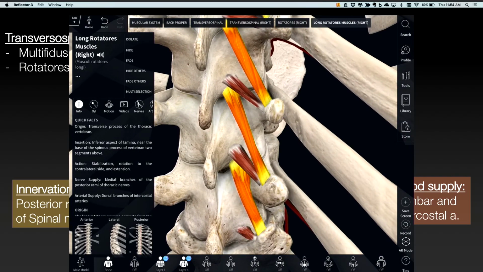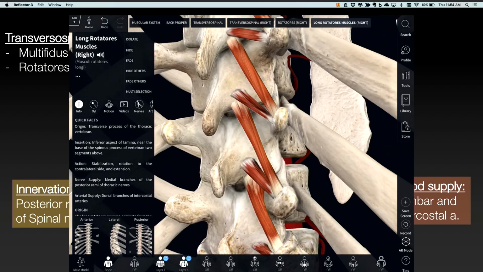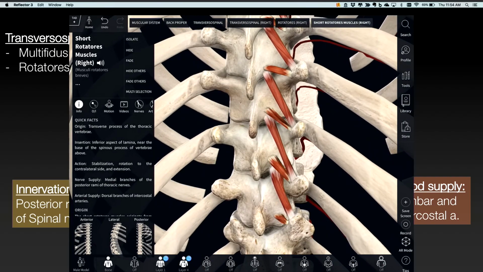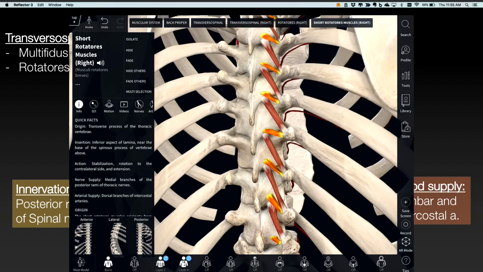These connect from the transverse processes of one vertebra to the spinous process of the vertebra above it. There are two kinds, and some do span the entire or two intervertebral spaces, but they both have a very similar action to draw the spinous process towards the transverse processes. And I won't go into depth about the nerves and the arterial supply. Same story we've heard all day. But you can imagine the action. Actually, why don't we just quickly look at the action.